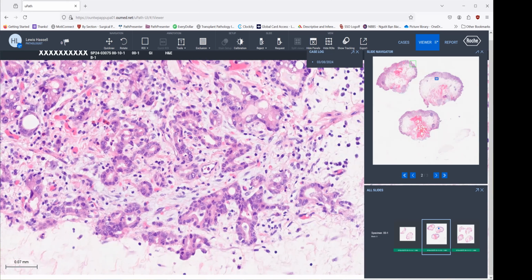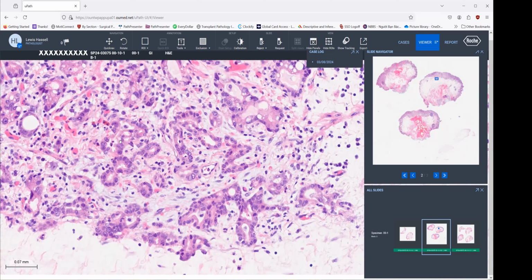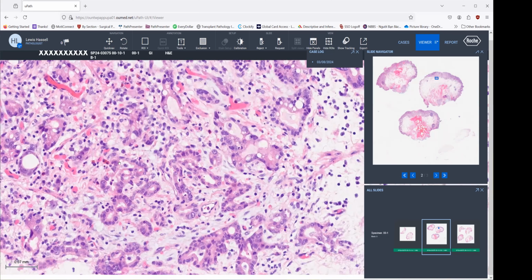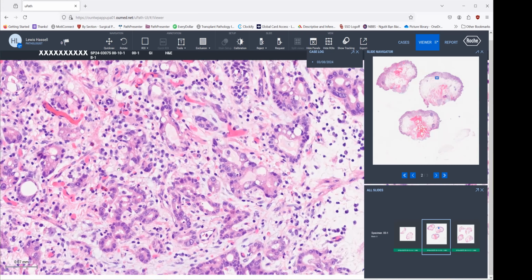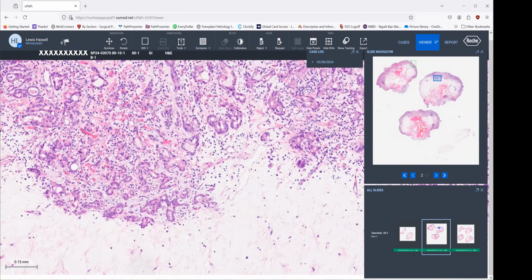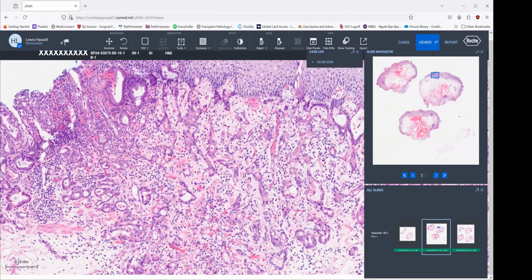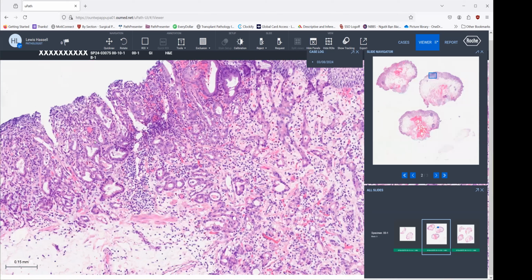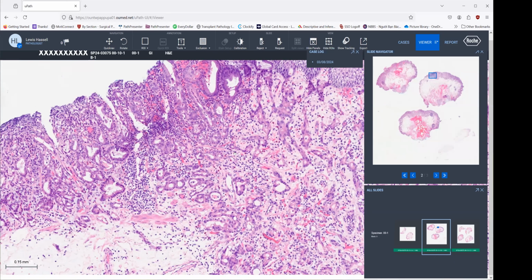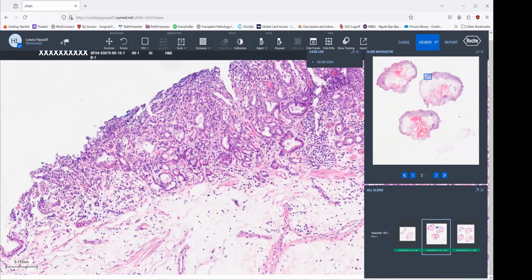More typically, we see an intestinal type of malignancy with larger glands and so forth, but sometimes even in those cases where you have high-grade dysplasia in the mucosa with intestinal type glands, you'll see small glands trickling off the base of those as invasive carcinoma.